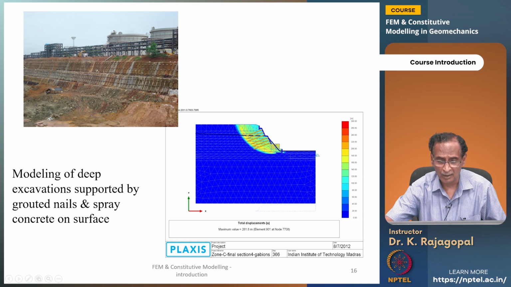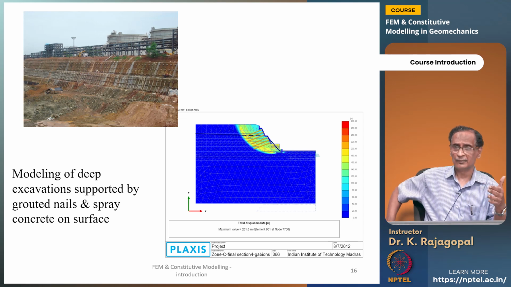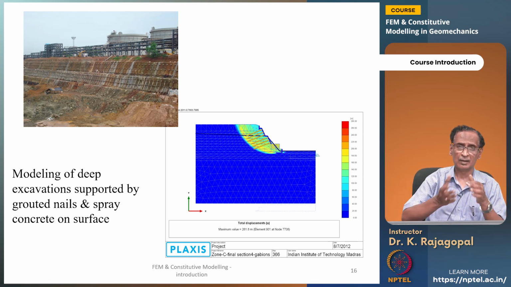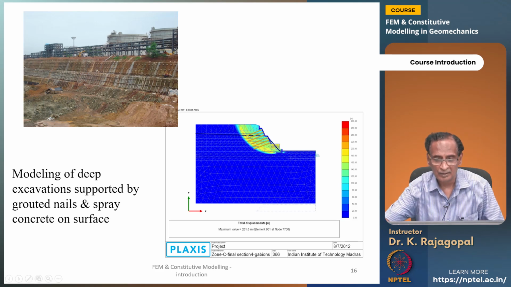Here you see some soil nails, and here you see this phreatic surface. We can simulate the different phreatic surfaces based on the rainfall that we have, and we can see what is the most likely possible rupture surface, and then we can also get our factor of safety.